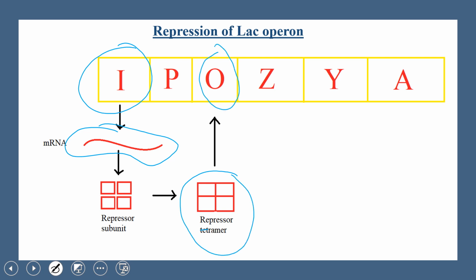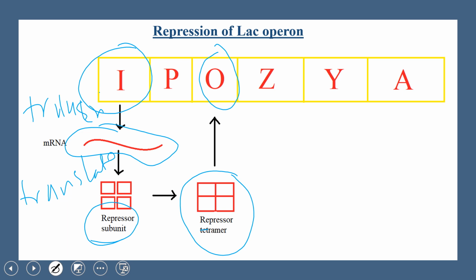So firstly, the regulatory gene will transcribe to form the mRNA. The mRNA will translate to form the repressor subunits, and these repressor subunits will form the repressor tetramer, and this repressor tetramer will attach to the operator gene.